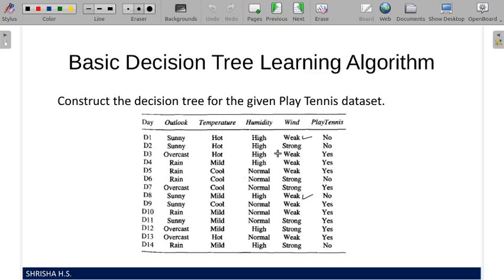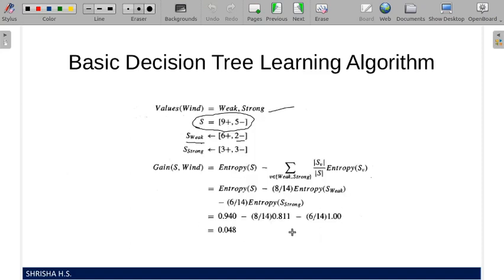Wind is weak: 1, 2, 3, 4, 5 and 6. So 6 positives are there, 2 negatives are there.